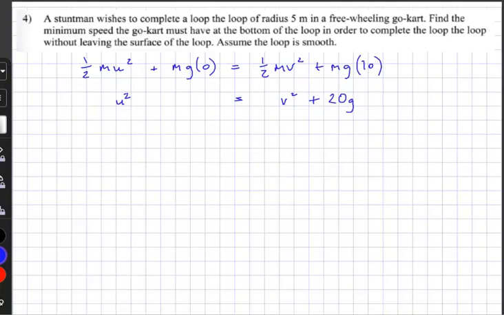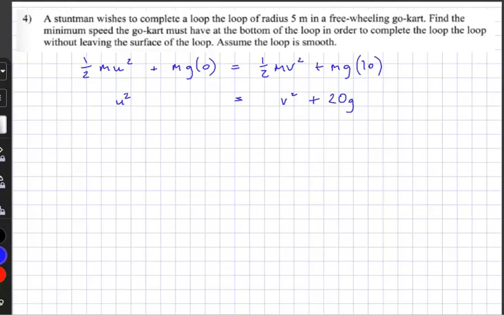We need to find more information, so we'll park that for a second and come back to it. If we're able to get the velocity at the top, then we can work out the velocity at the bottom, the initial velocity. So let's see if we can find out what v is.